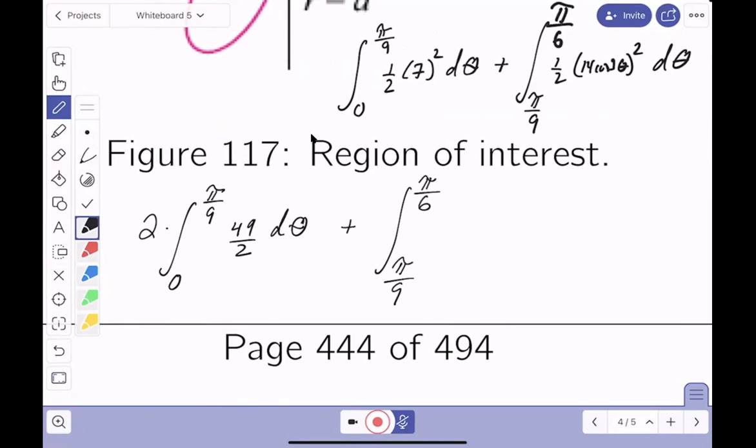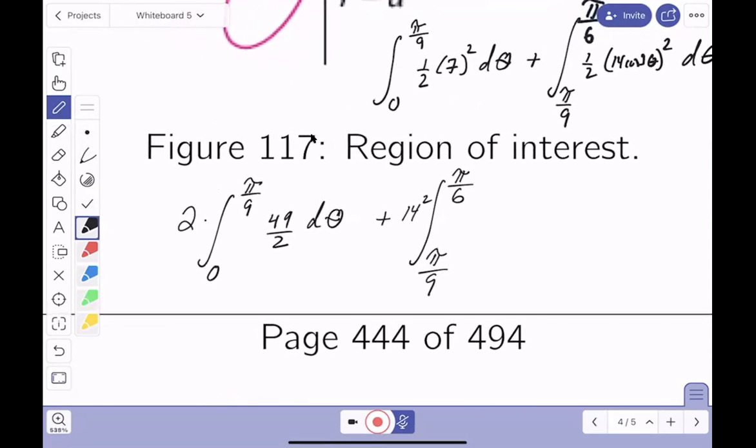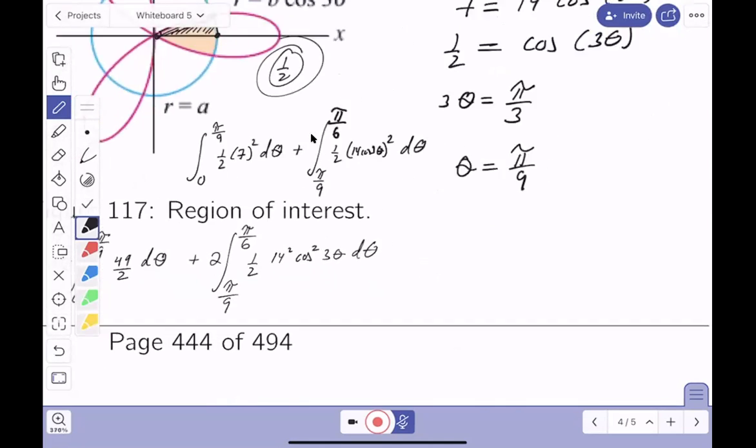We'll look at the answer later. 14 squared, I'll put that on the outside. But when I doubled it, the half disappeared. You know what? Maybe I shouldn't do that, because I realize something's going to get lost. Let me go back up. 2, 1/2, 14 squared, cosine squared. Now was it 3 theta, right? I got to make sure it's 3 theta. Yeah, I got that.